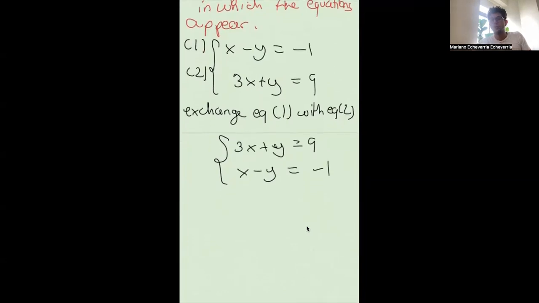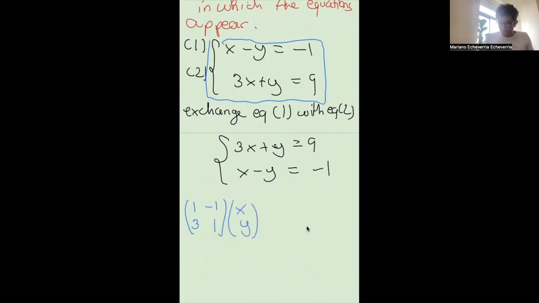Okay. Now, what's more interesting is to look at what happened here if you write it in terms of the matrices. How is the first system written as a matrix? Remember, it's just looking at the coefficients that are multiplying the variables in the equations.